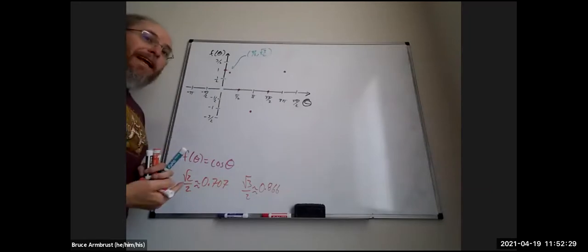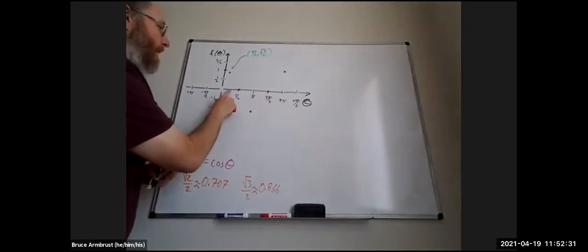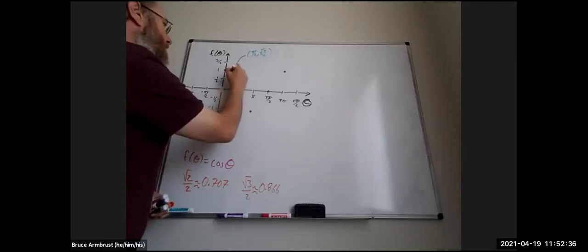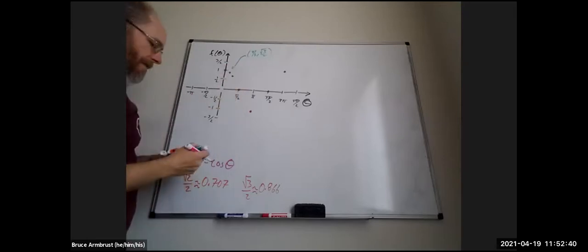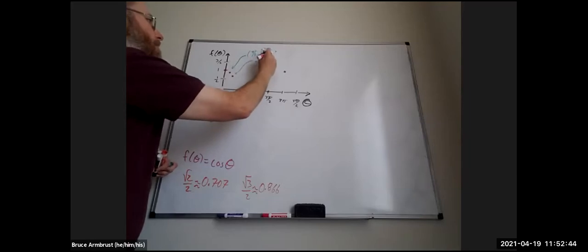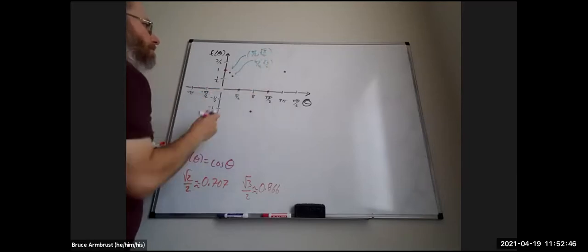Okay, so then we go down to the next one. Pi over 4, that's halfway to pi over 2. And we get √2 over 2, which is 0.707. I'll put that dot right there. That's pi over 4, √2 over 2.